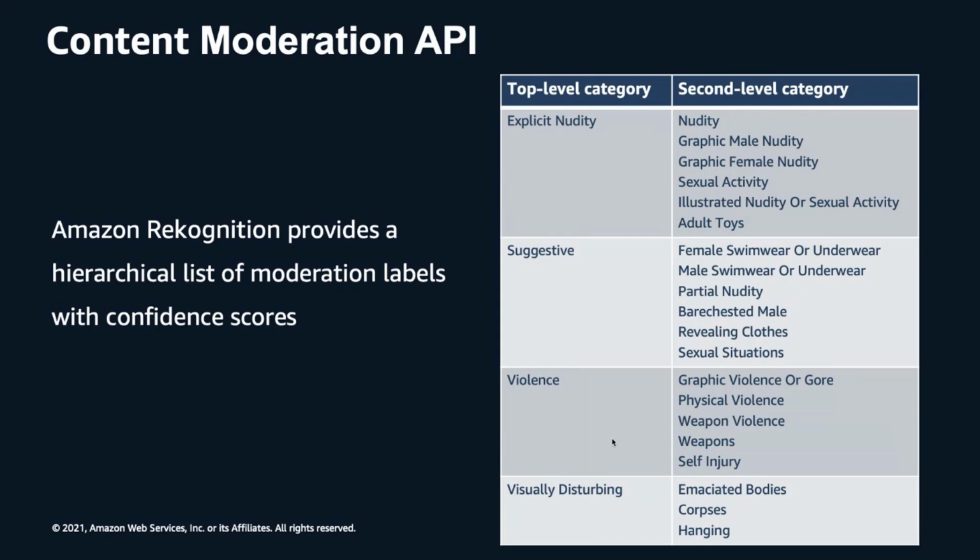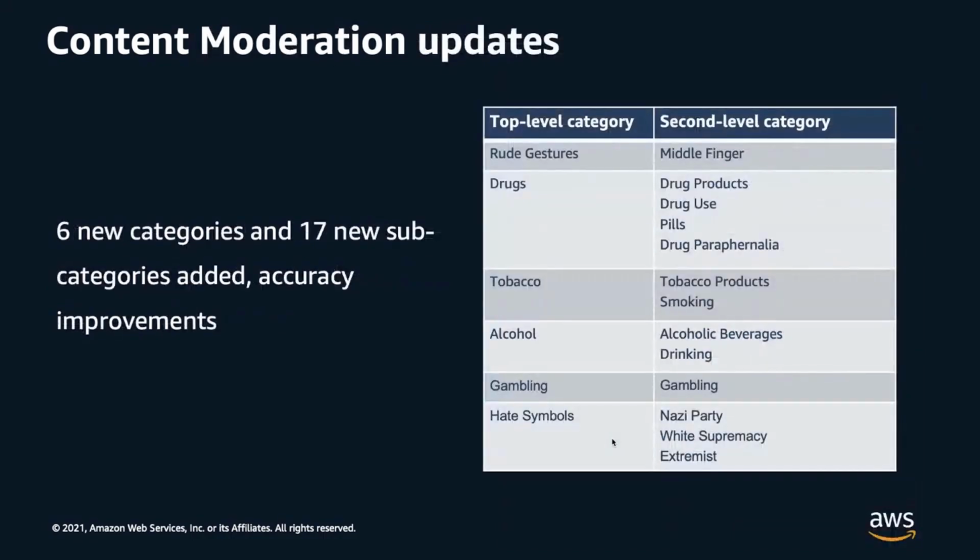So we started with the more obvious classes around explicit nudity, suggestive content, violence and weapons, and other kinds of visually disturbing things. But we have also continuously updated these moderation models. And recently, we added 6 new categories and 17 new subcategories, along with continuous accuracy improvements. And these were new classes for things like detecting drugs, tobacco, alcohol, gambling, hate symbols.